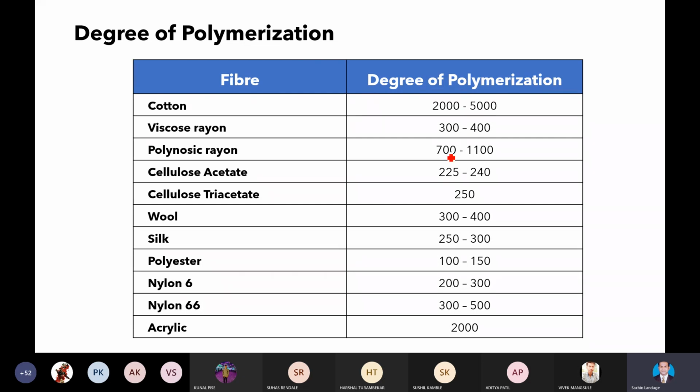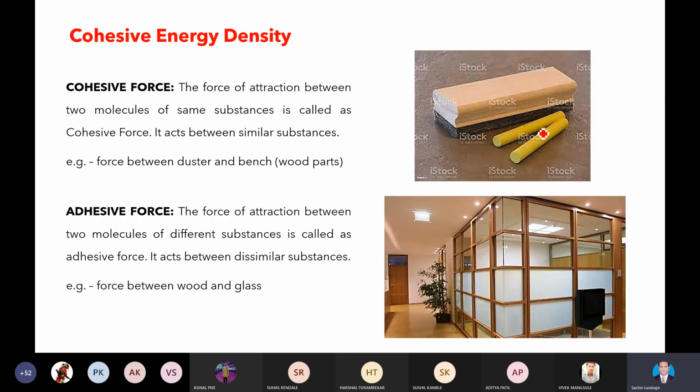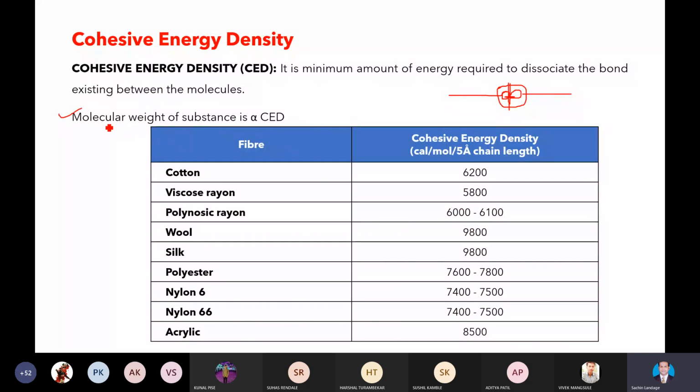Polynosic rayon is moderate, and viscose rayon is very low. That's why the molecular weight of the substance is directly proportional to the cohesive energy density.